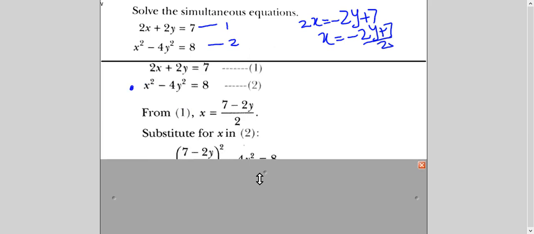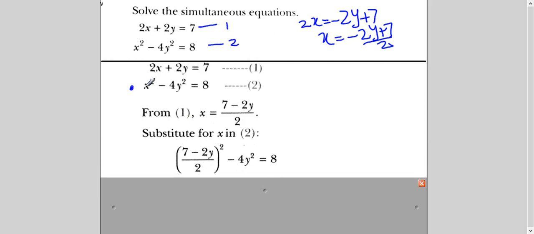In place of x, we are writing (7 minus 2y over 2) whole square. This is where students mostly make mistakes, so be very careful. The square is applied on the numerator and on the denominator as well. So the numerator becomes (7 minus 2y) whole square and the denominator becomes 4.